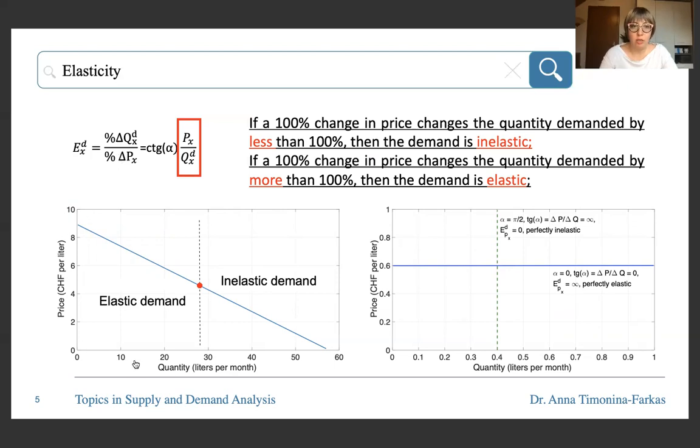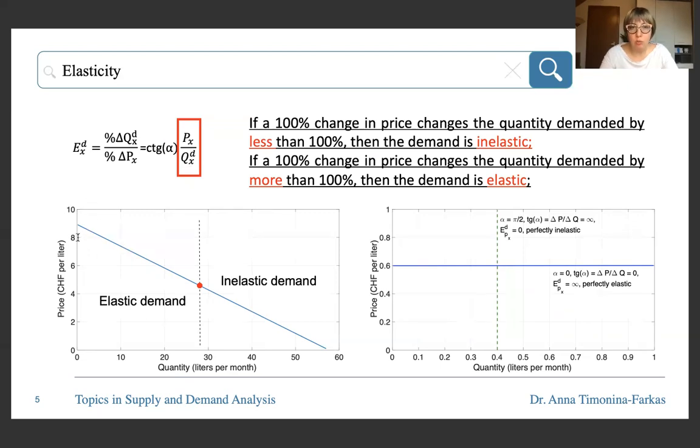Let us get back to the linear function from the previous slide. And here you can see that at each point, the cotangent line would be the same, but at the same time, the px divided by qx would be different. And there would be some point at which elasticity would change to inelasticity in terms of demand.